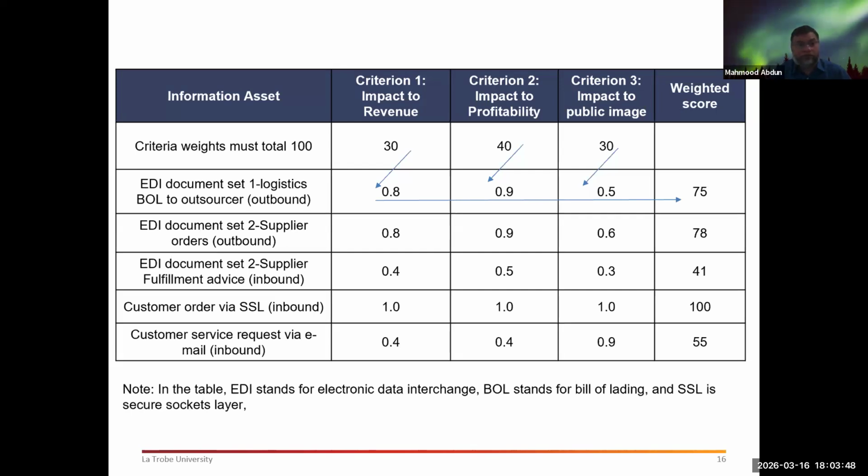Now, remember though, if you want to add other criteria along with it, not every criterion will be mutually exclusive, right? Even here, revenue and profitability may be interrelated to each other, right? Not always, but in most cases, if you increase in revenue, that might also increase in profitability, given the expenses are the same. But they have little or no effect on public image, right?